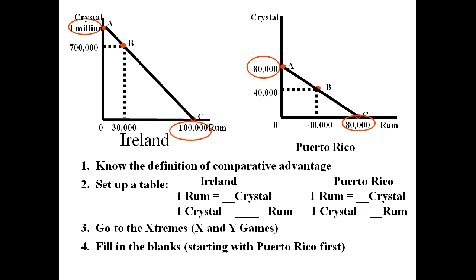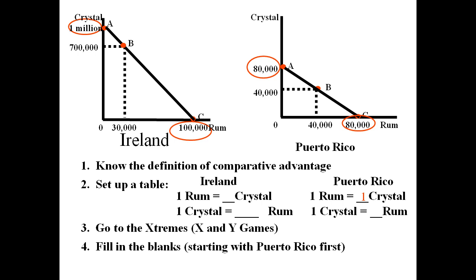We can see on our x-axis we've got 80,000 rum at point C. We need to get that down to 1, so we divide by 80,000. If we divide by 80,000 on the x-axis, we have to divide by that same number on the y-axis at point A. So 80,000 divided by 80,000, 1 rum is equal to 1 crystal. If they focused on making rum, they're giving up 1 crystal.